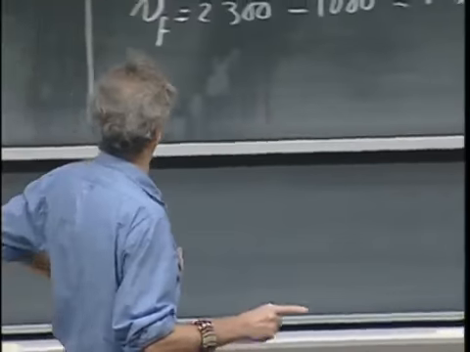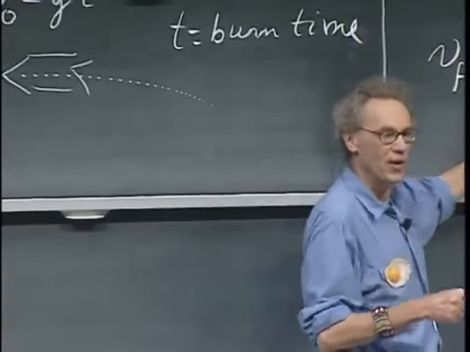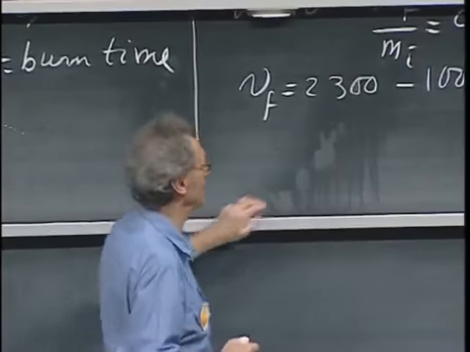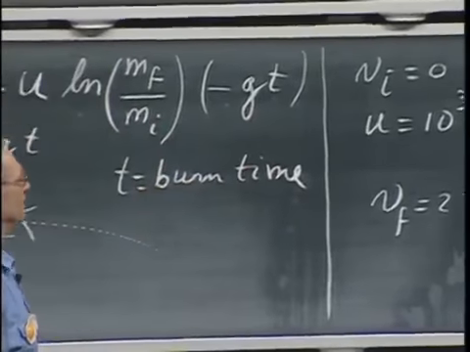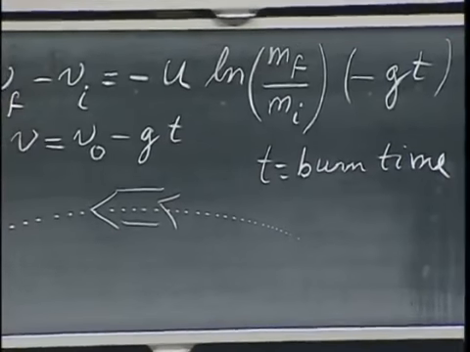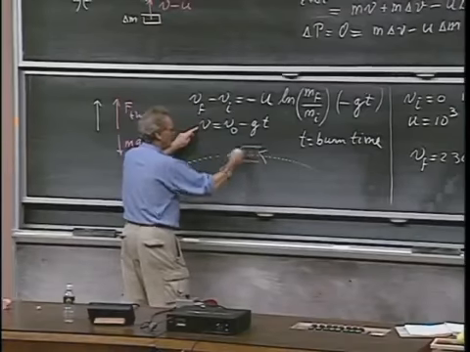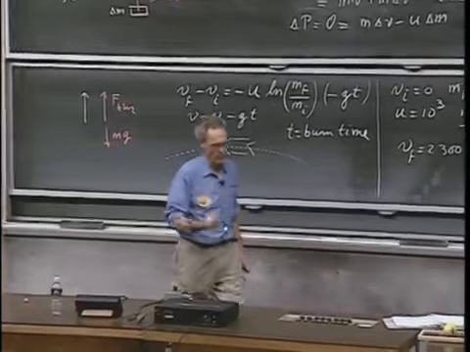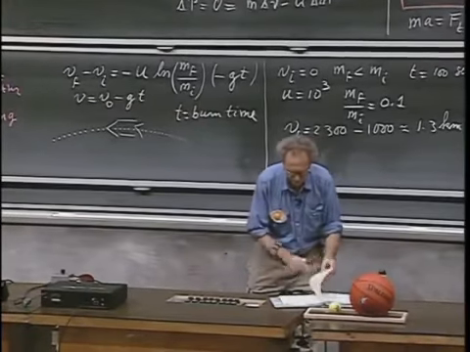And therefore, if you fire this rocket for 100 seconds, the tangential change in velocity will also be 2300 meters per second. You cannot say now there is gravity, and therefore we have to take the gt term into account. It would be the same for this equation. If you had an object going in this direction, this minus gt term wouldn't be there either. It's only when you deal with a vertical motion.